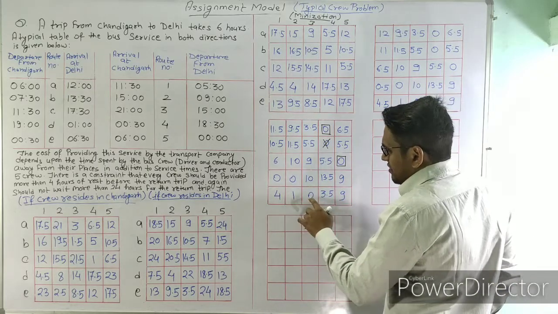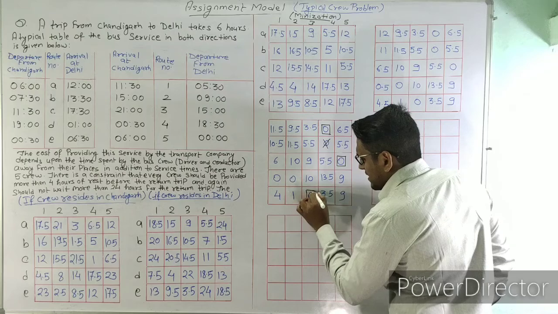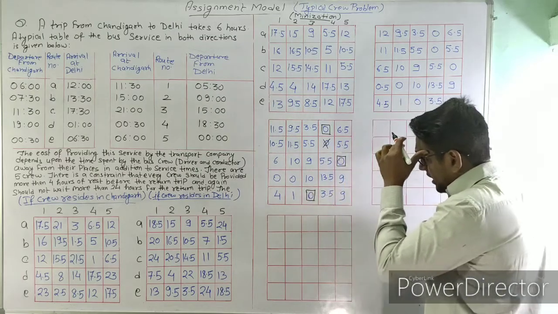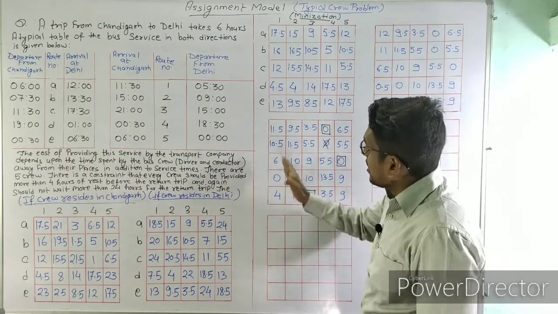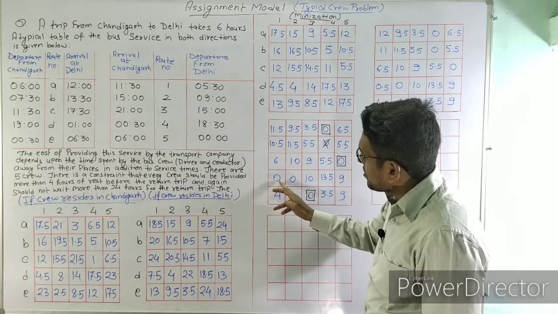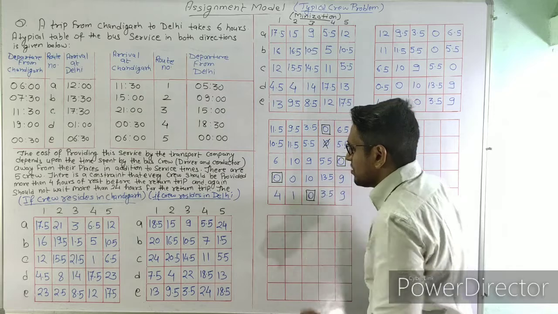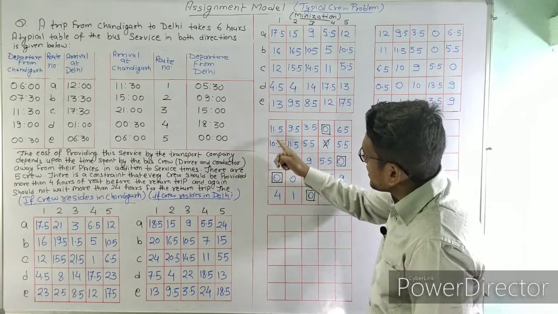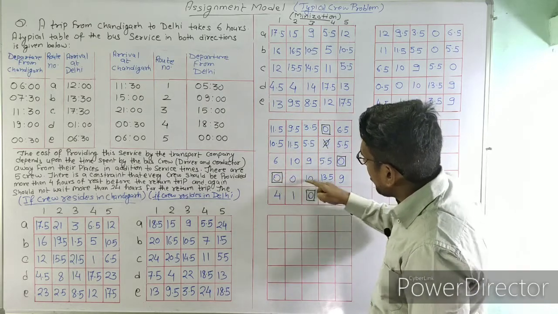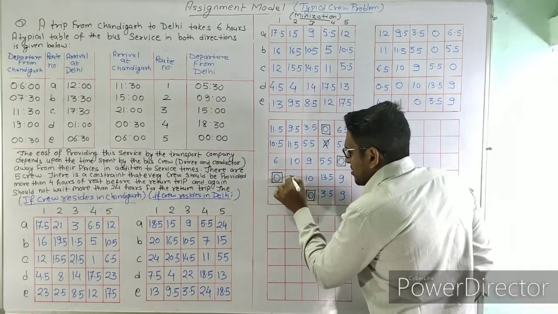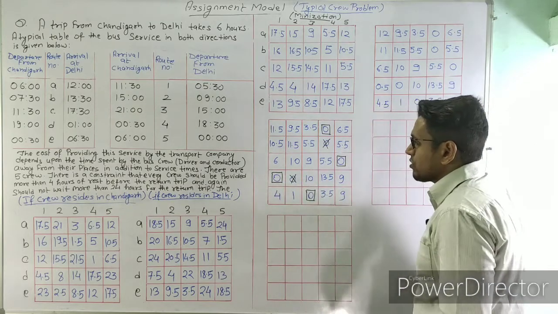In row 5 we have a single 0, so we will assign this 0, and now let us move column wise. For column 1 we have a single 0 here, that means we are going to assign this 0, and once this 0 is assigned, no more assignment can be done in this column or in this row. So this 0 in this row is going to be crossed out.